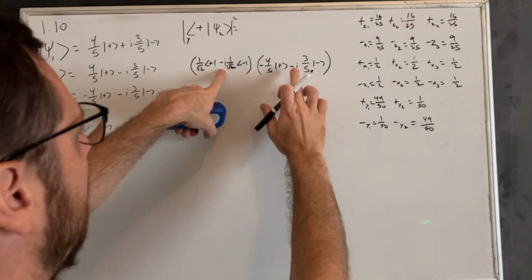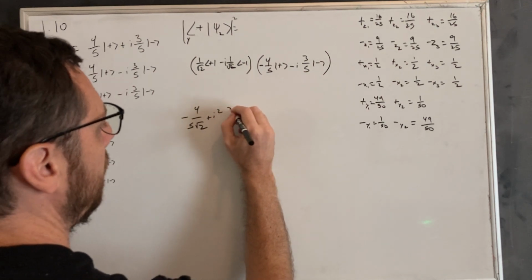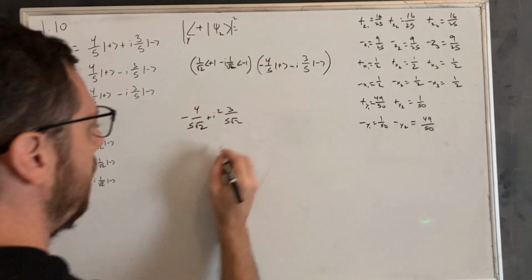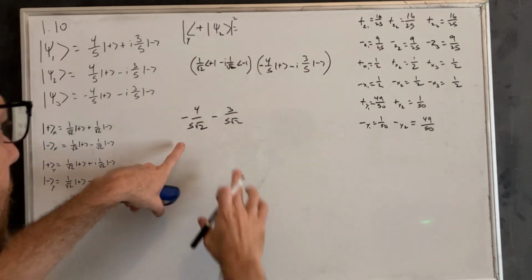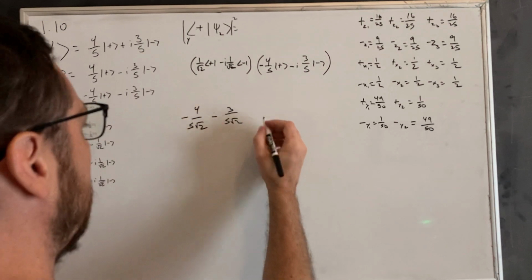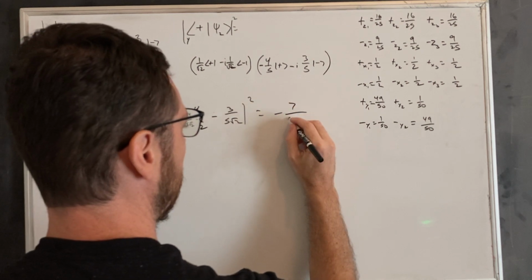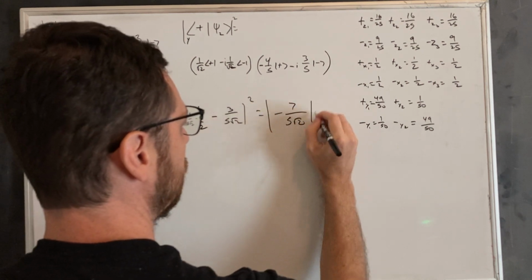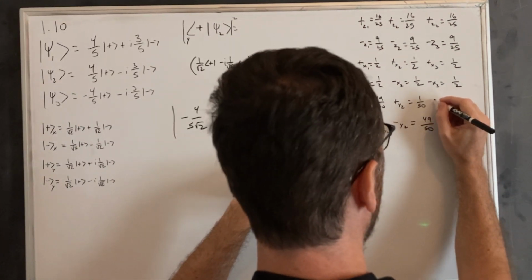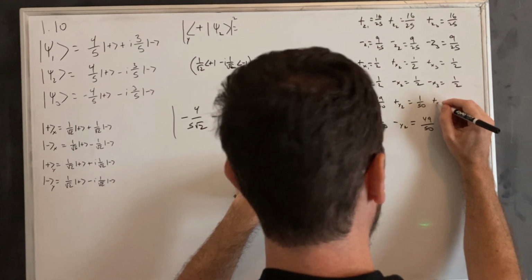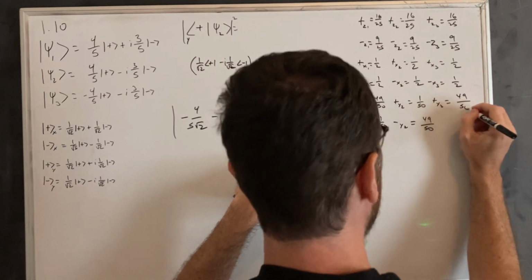And then we have a negative and a negative, so we have plus i squared 3 over 5 root 2. This plus i squared is going to flip the sign, so we have minus. So we have a negative 4 minus 3, and it's going to be negative 7 over 5 root 2 squared, and that's going to be 49. So plus in the y direction for state 3 is going to be 49 over 50.